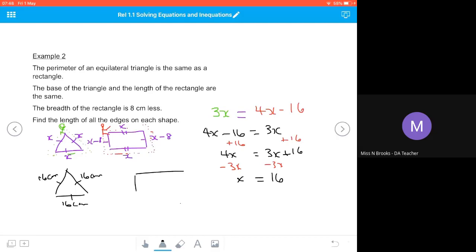And on my rectangle, I know that the lengths are 16 centimeters. And the breadth was 16, take away 8, so the breadth was 8 centimeters. And therefore I found the lengths of all the edges on each shape.